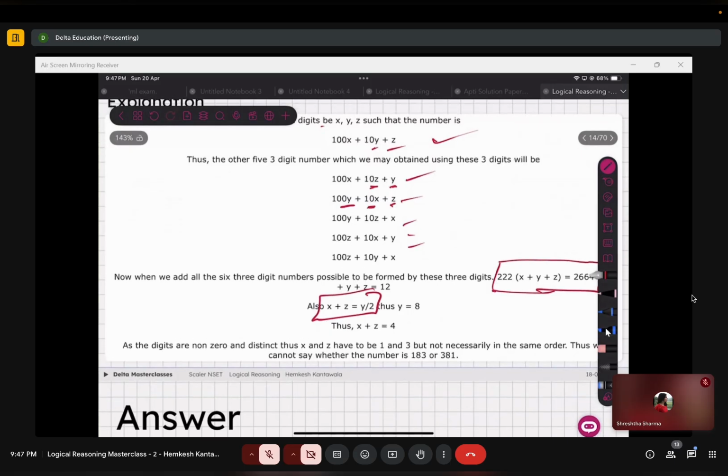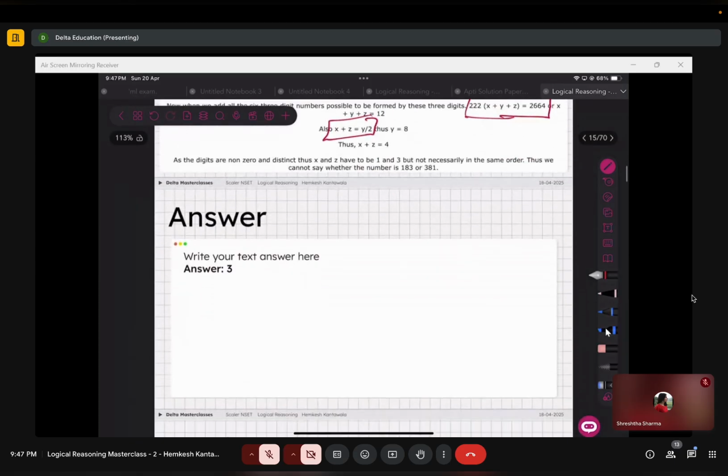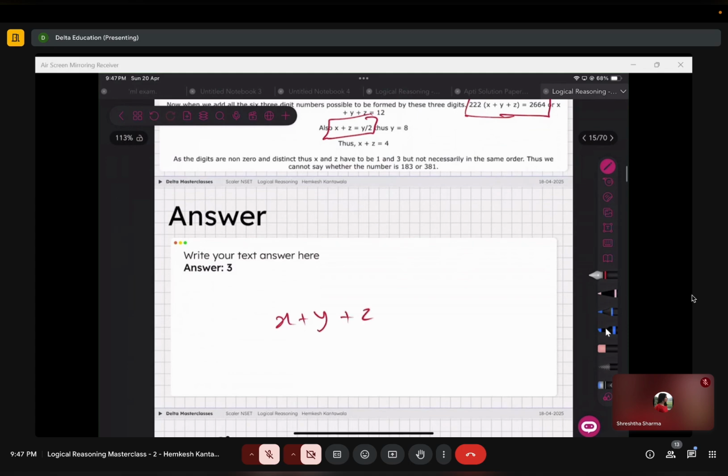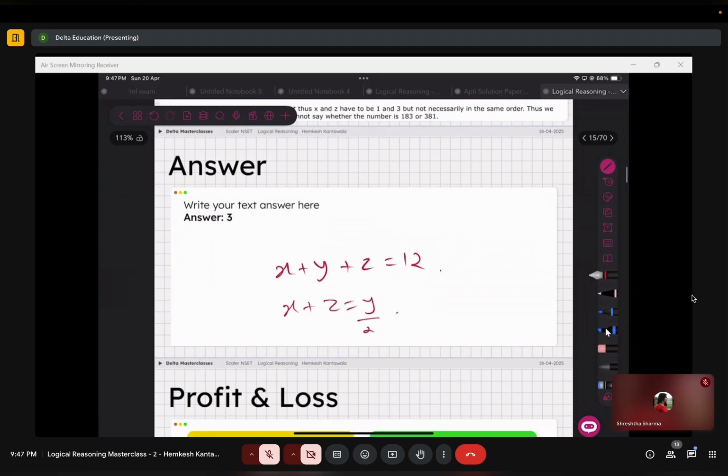And next, if we solve, we can find that x plus y plus z is 12. From the question, we also know that x plus z is equal to y by 2. So if we put x plus z as y by 2, y by 2 plus y is 12. So 3y by 2 is 12, so 3 4s are 12, y is 8.